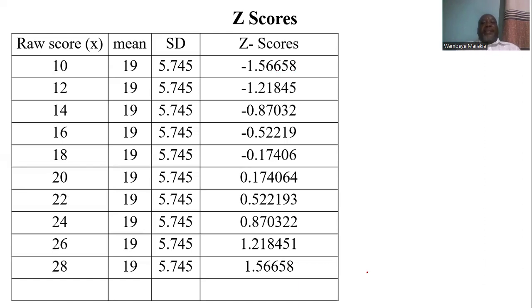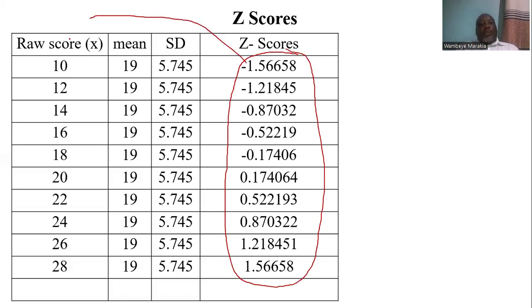And the z-score associated with the raw score of 16 in this data is negative 0.52219. Then you go up to the raw score of 28. You are going to get 1.56658. Now, these are the z-scores associated with these raw scores in this data.